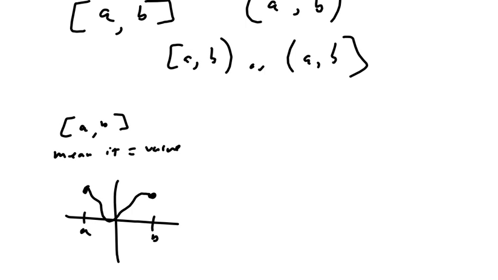Parentheses means things like asymptotes, or holes. Parentheses means you don't actually reach the value.